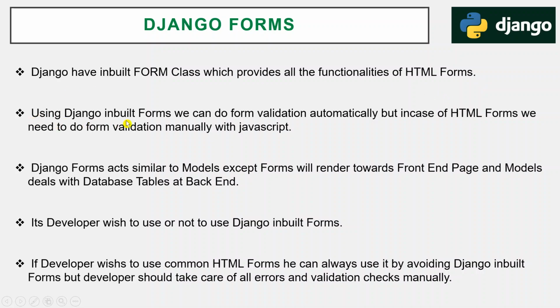Using Django inbuilt forms we can do form validation automatically, but in the case of HTML forms we need to do form validation manually with JavaScript. A very important point, friends: in the HTML forms in the last classes we saw simple fields like roll number, name of the student and the branch, but in real world scenarios some 20-30 column fields will be there. All the fields will have some type of restrictions.